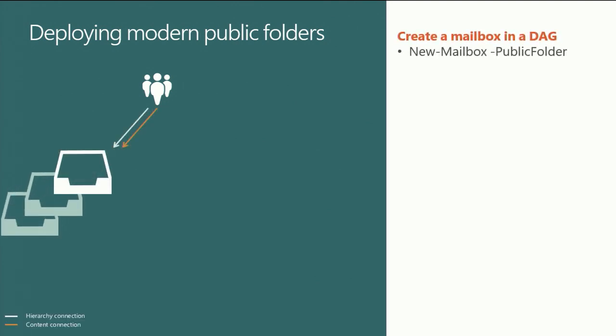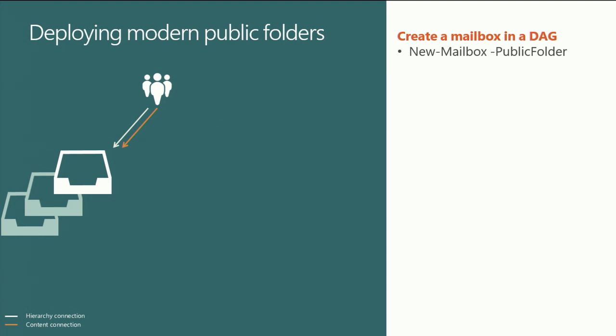OK, so in this case, I had some users, and I wanted to kick off the public folder deployment in my organization. So what I did is I went and created the first mailbox. And as you guys know already now, that first mailbox is the primary public folder mailbox. Now you see 2 arrows here.